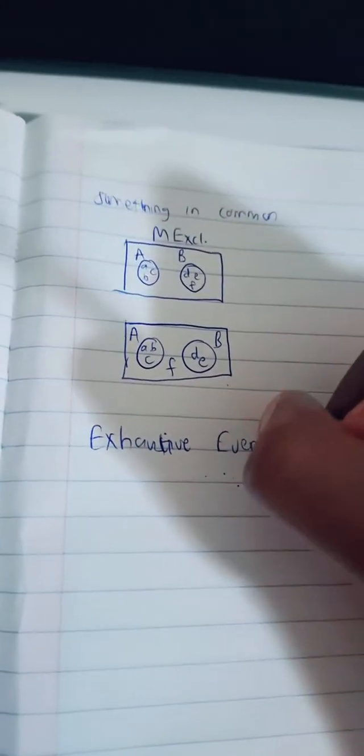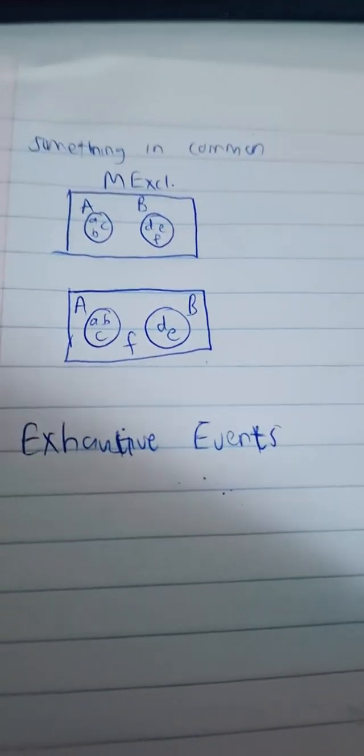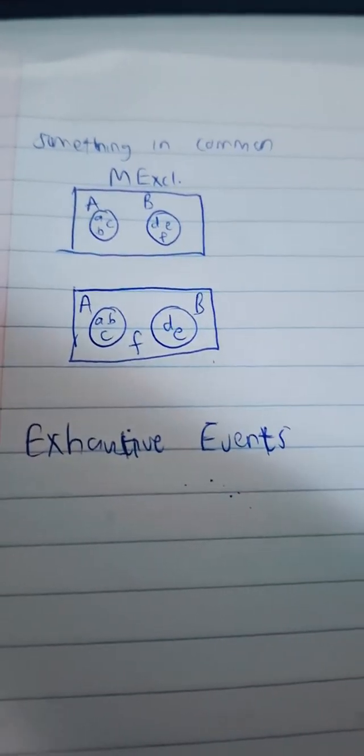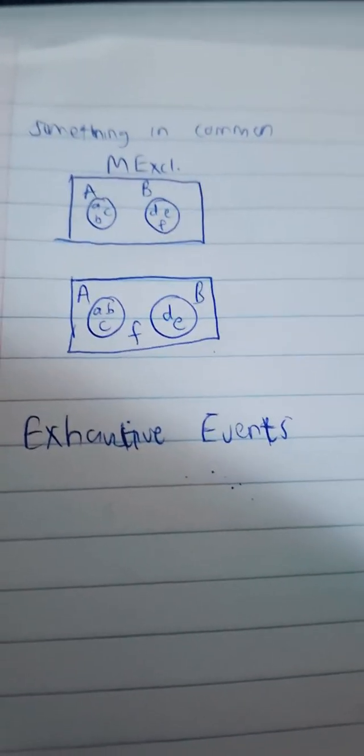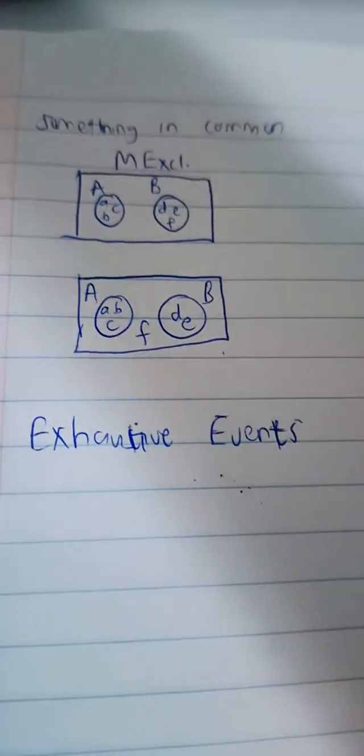The next event that we would like to look at is what we call, and I got a message from one learner from one of my groups, saying that he is busy doing preparation for next term 3, and he's doing probability.